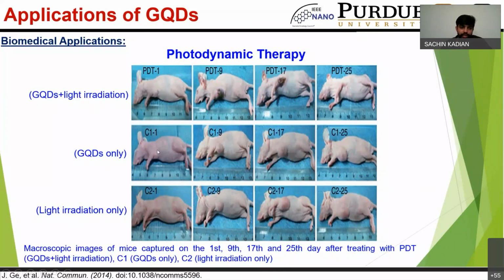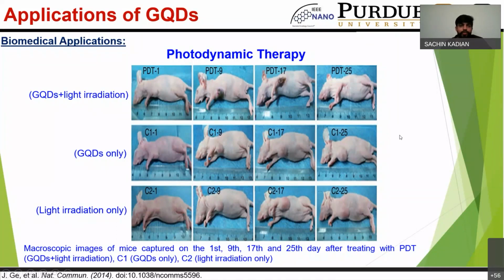In this they have used GQDs only, and in this they have used light irradiation only. So they came to know that GQDs with blue light can destroy this tumor because they are generating singlet oxygen, which is interesting for killing tumor or cancer cells. So they have also been used as photodynamic therapy.